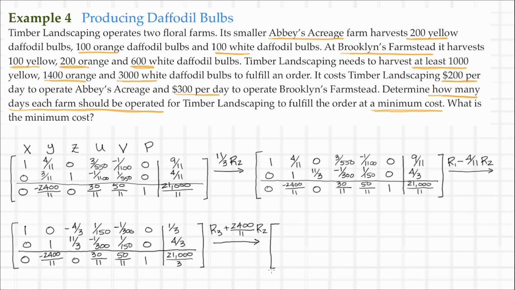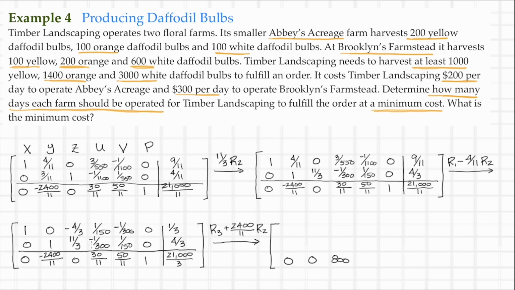Put in our bracket, 0, 0, and 0. 1 times 2400 elevenths, that's 2400 over 11, negative 2400 elevenths plus 2400 elevenths, and of course that's 0. 11 thirds times 2400 elevenths, that's 800, and 0 plus 800, that's 800.